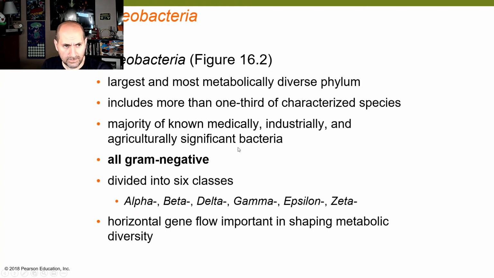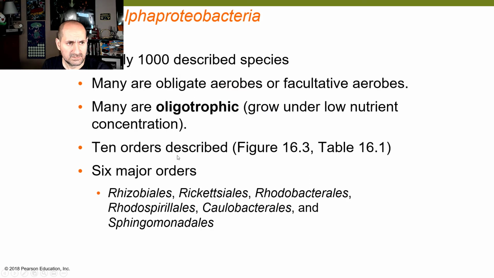So what you need to know about the Proteobacteria is that they are all gram-negatives, and with alpha Proteobacteria, please know that these are oligotrophic, which means they grow under low nutrient conditions.